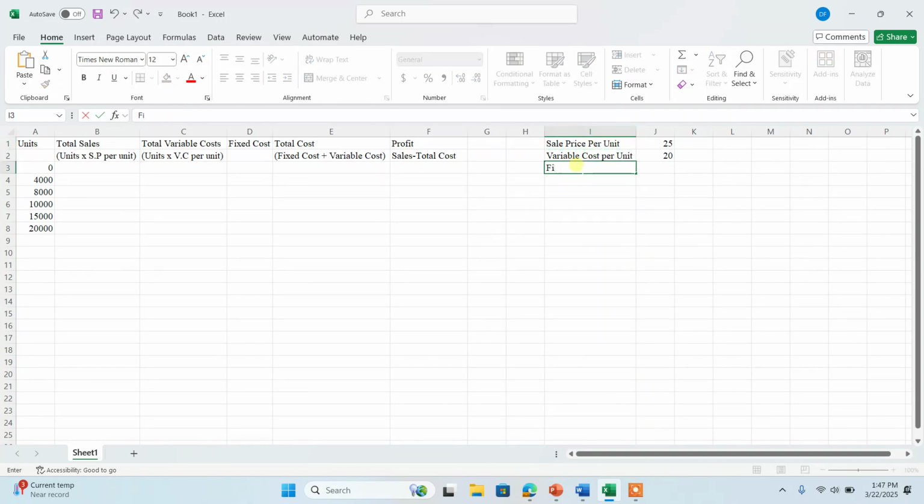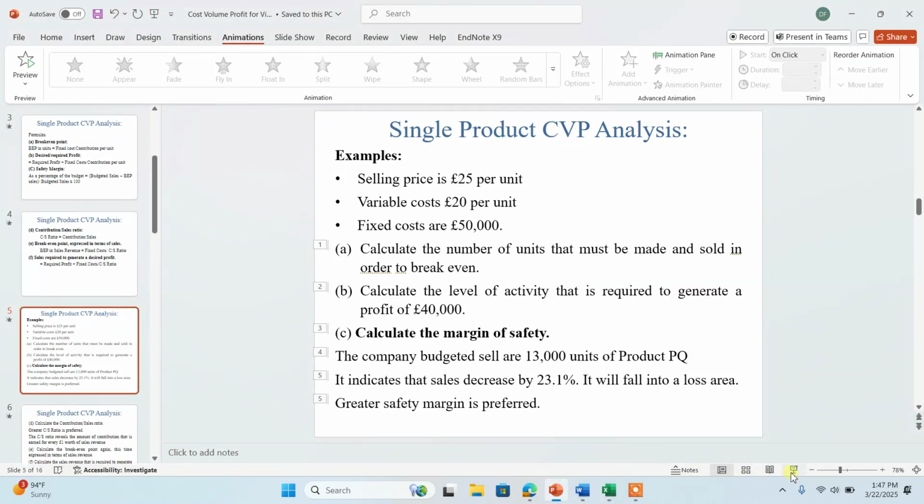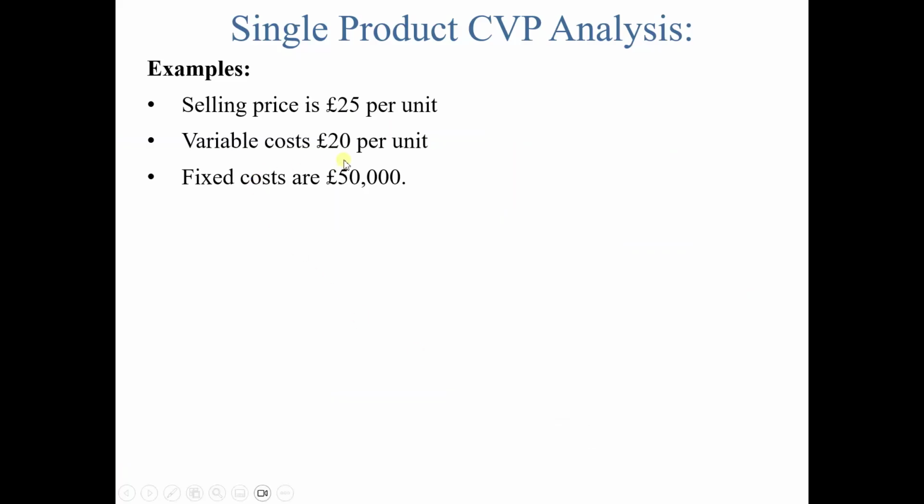Then I have the fixed cost. Fixed cost is 50,000. Let me cross check it. Yes, sale price is 25, variable cost is 20, fixed cost is 50,000.